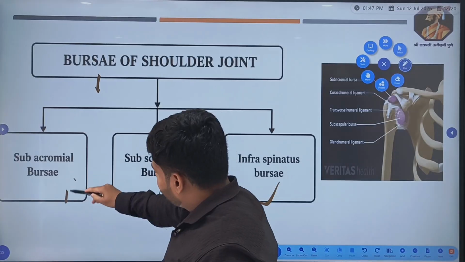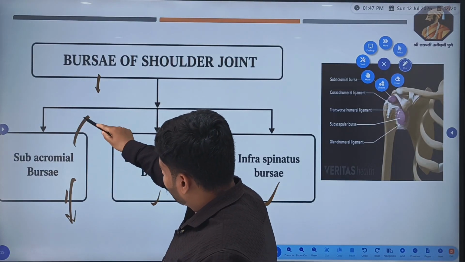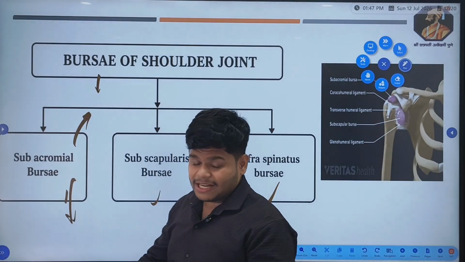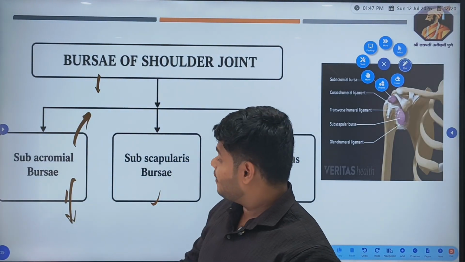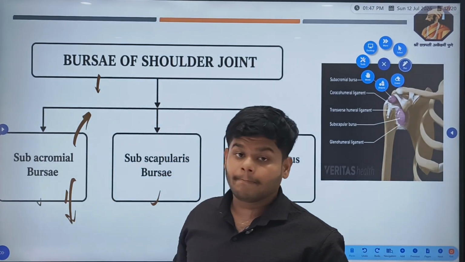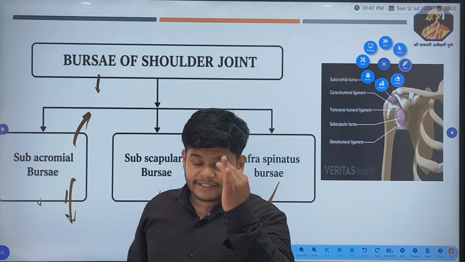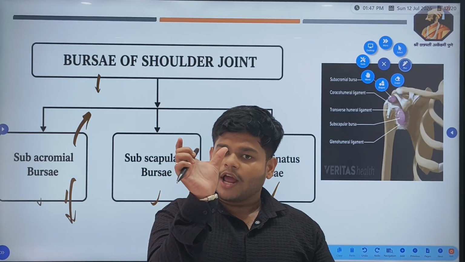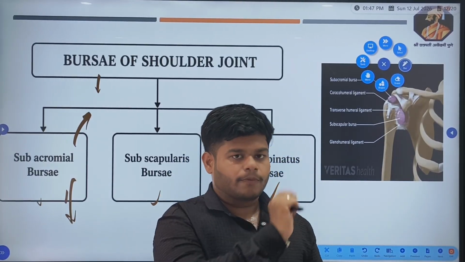One of the major things is that there are two types, subacromial and subdeltoid, but together they are not differentiable, so together they come under the subacromial bursa, which separates the supraspinatus muscle from the coracohumeral ligament and acromion process.